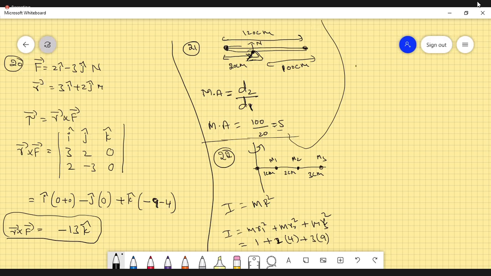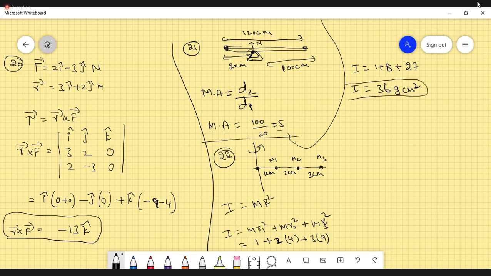I equals 1 plus 8 plus 27. So finally, I equals 36. 36 gram centimeter square, because we are considering centimeters only. So gram centimeter square.